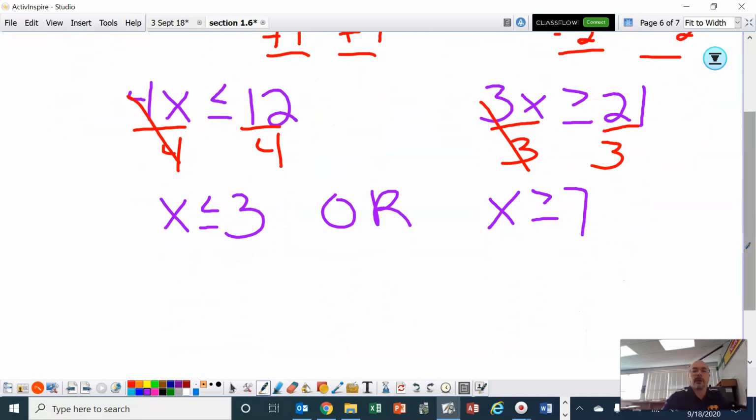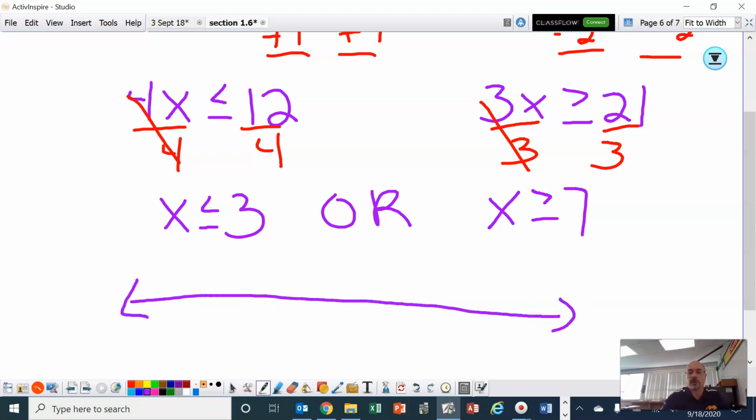All right, here we go. I'm going to make my number line. Now, my smaller number is 3, so I'm going to start with 3, and I need to go to 7. So 3, 4, 5, 6, 7. Looking at my inequalities, that's a less than or equal to, so that is going to be solid on the 3, and it's solid on the 7.